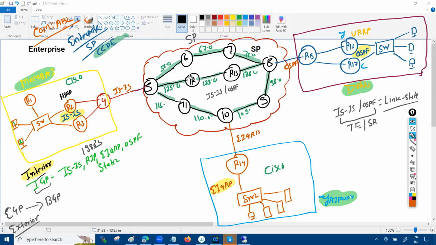In that case, you need to do a huge amount of redistribution on router 5 and router 8. You need to do the redistribution on router 14 and router 10 as well, because different routing protocols require redistribution.